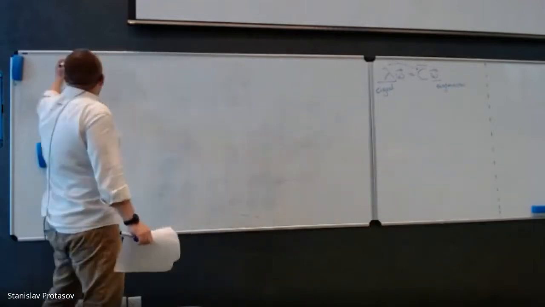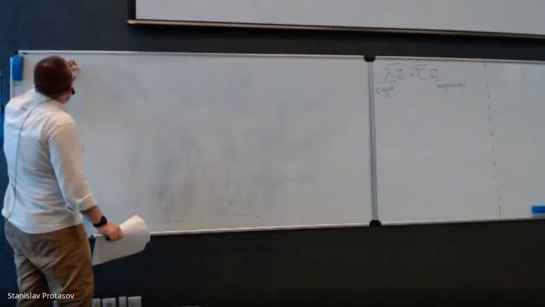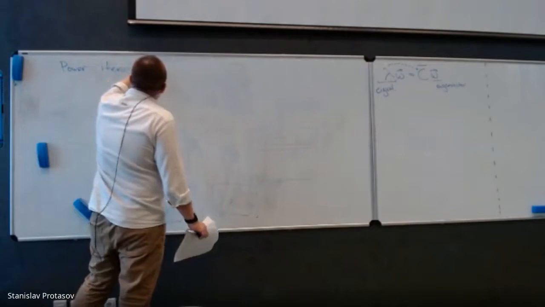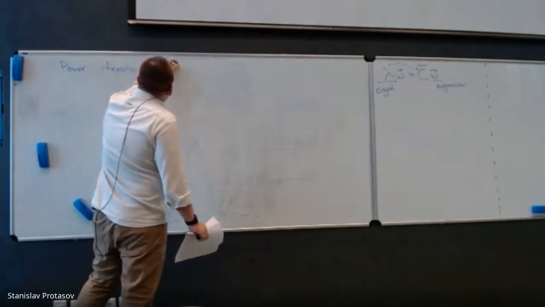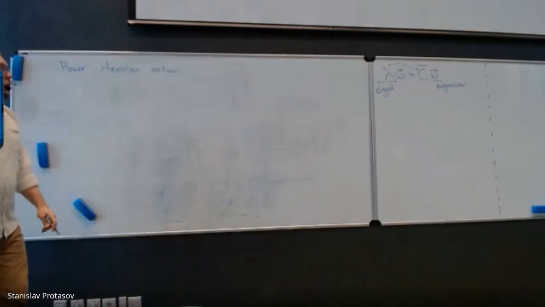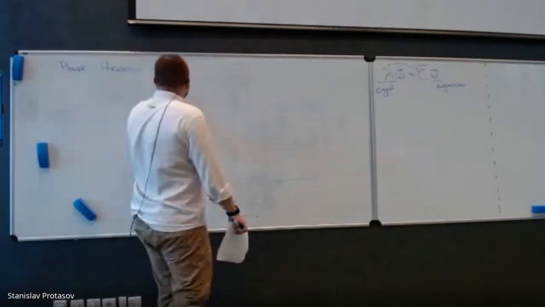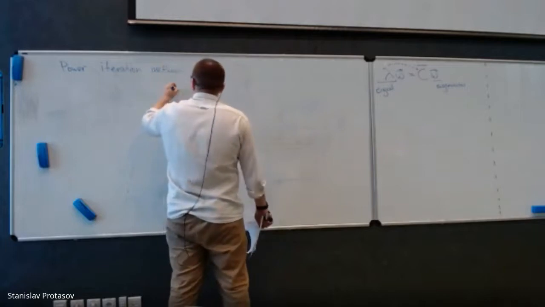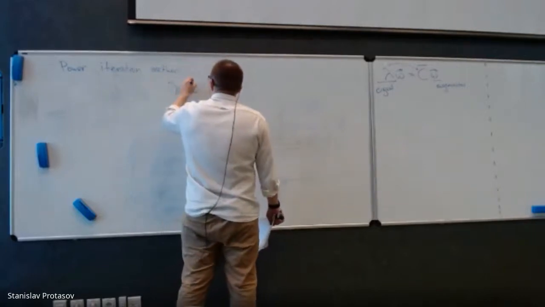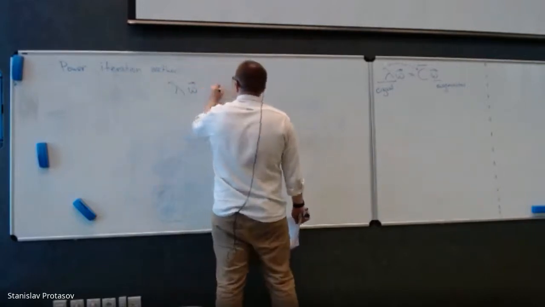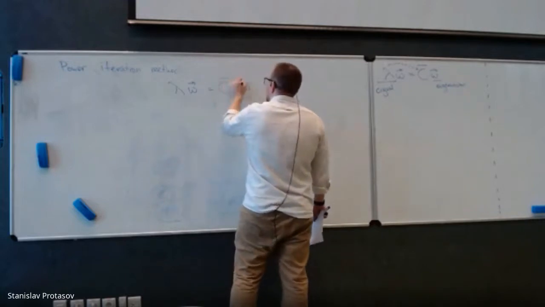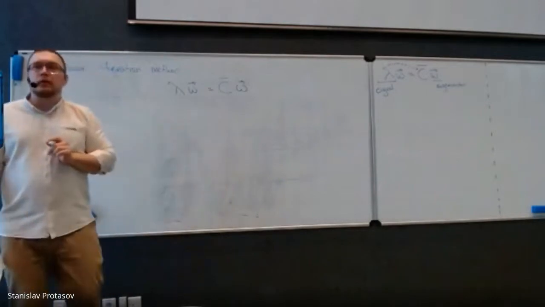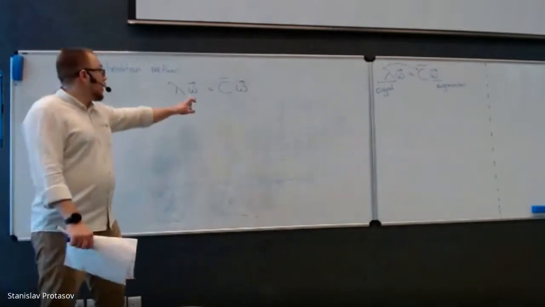And the power iteration method is a very simple idea. What do we know about this equation? Let's work in terms of the same letters: lambda omega equals C omega. What does it mean in terms of the geometrical properties of eigenvectors and eigenvalues?